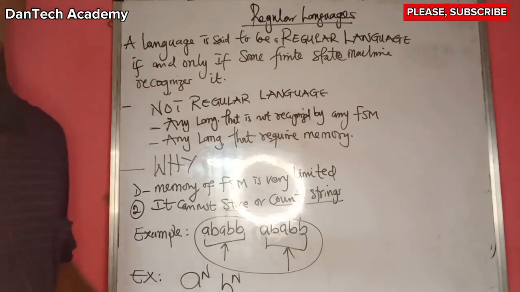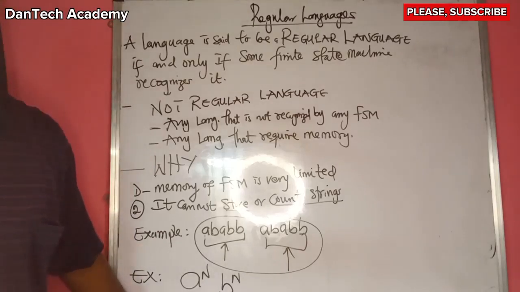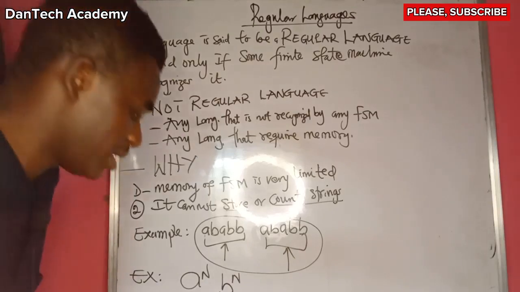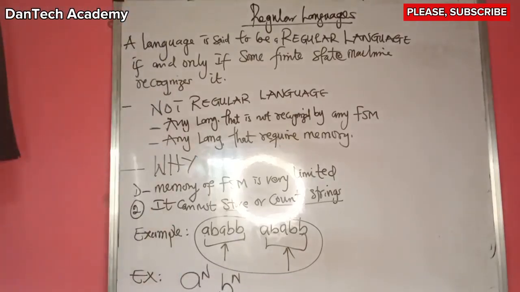See, we have A, A, A, A, A, A. The only reason why this machine can repeat this is because it has stored it: the first one we did was A to the power of what? 3.